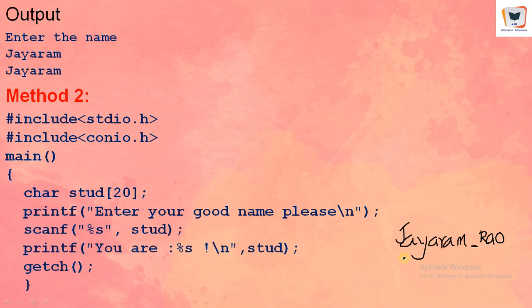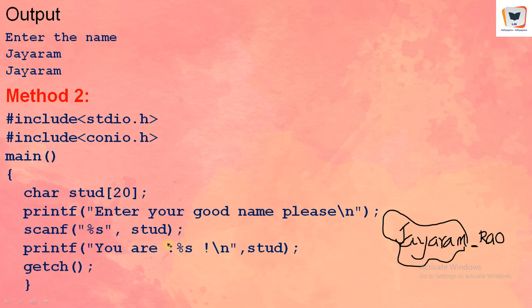Therefore, if the string consists of more than one word, I repeat, with a white space in between, scanf will take only the first portion of the string, because the white space is going to delimit the other portion of the string. This is the disadvantage in reading the string this way.